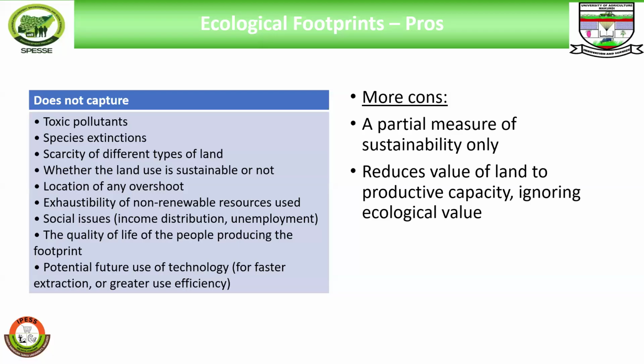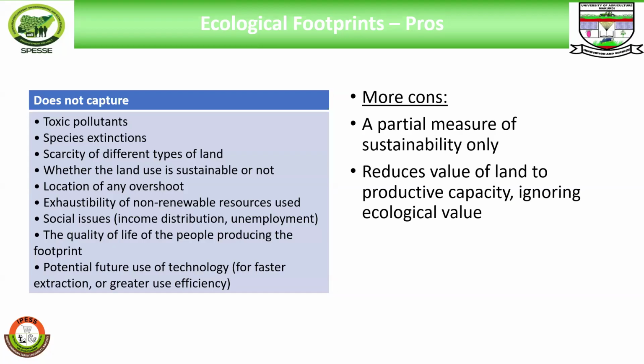When it comes to the cons, it's just a partial measure of sustainability alone. It reduces the value of land to productive capacity and ignores ecological value. And I mean, especially in Africa, are we talking of toxic pollutants, species extinction, scarcity of different types of land? We have loamy soil, clay soil, and all of that.